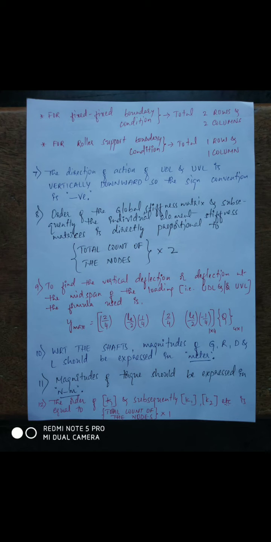First number is 2 by 4. Second number is LE by 2 into 1 by 4. Third number is 2 by 4. Fourth number is LE by 2 into minus 1 by 4, into second matrix, that is Q, global displacement vector matrix, which depends upon what element it is being referred to.